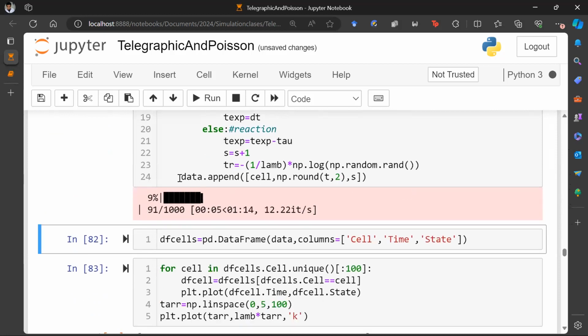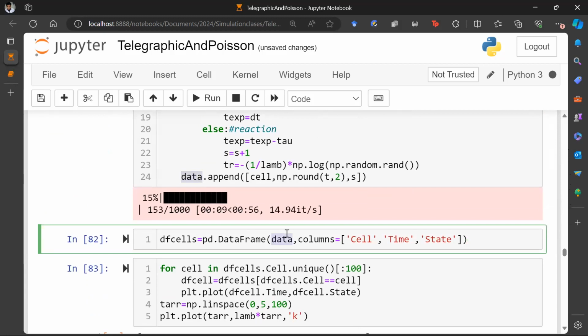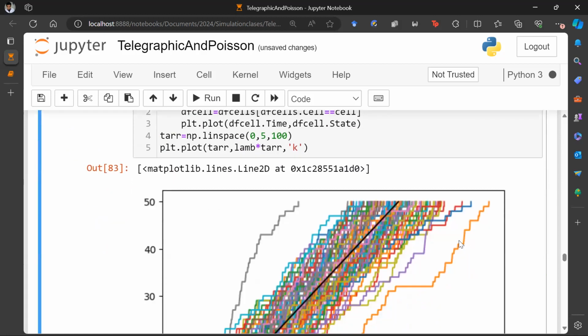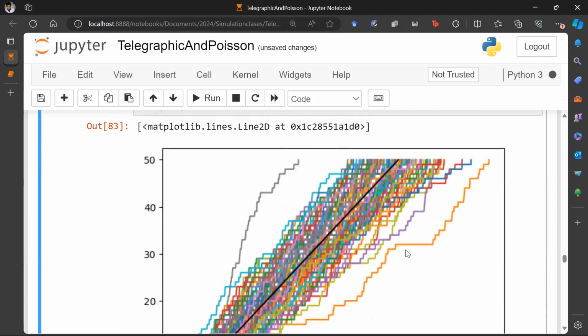And once I have this array data, I make it a data frame, and the columns are cell, time, and state, in this case, the number of molecules. And I'm going to get something like this if I plot all the cells.